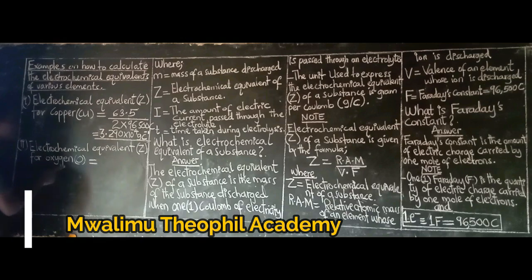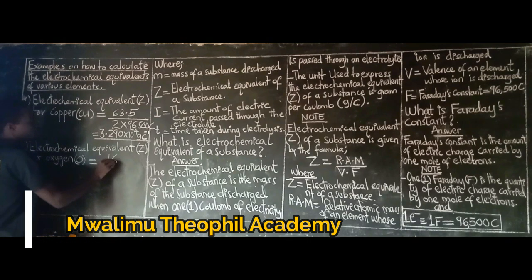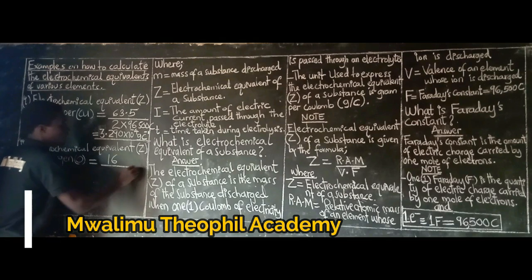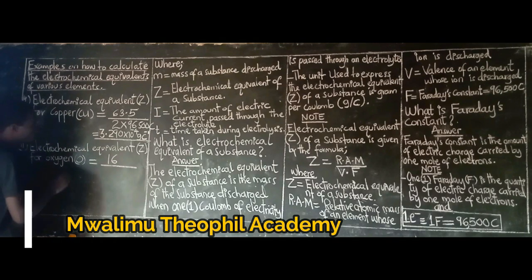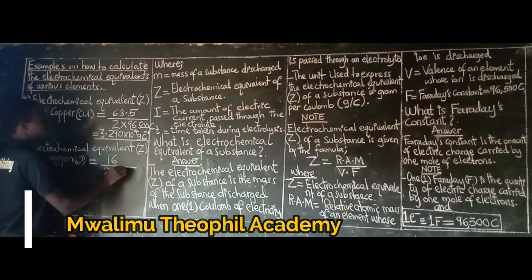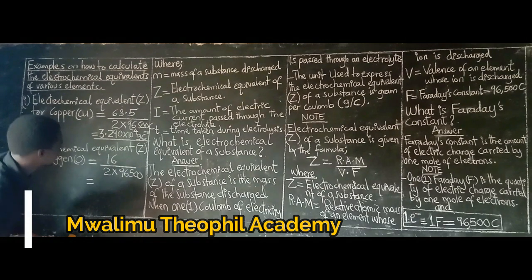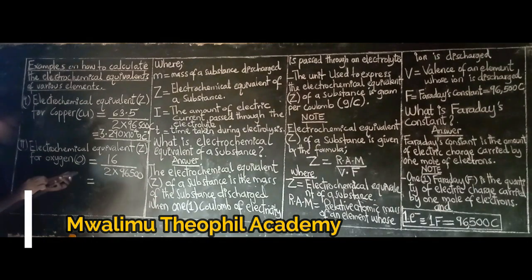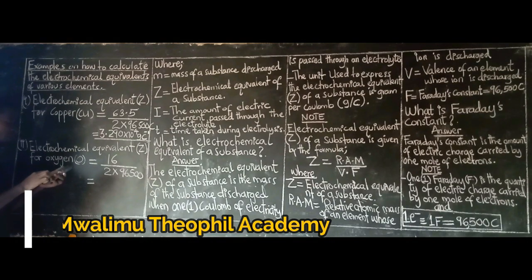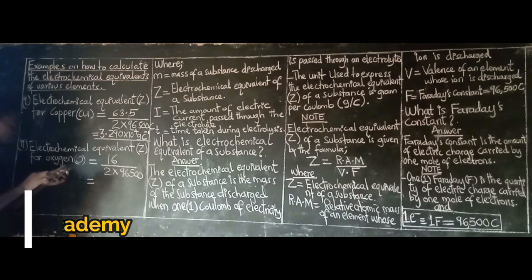For oxygen here, the relative atomic mass of oxygen is 16. So we take 16 over its valence. The valence of oxygen is 2, times Faraday's constant, which is 96,500 coulomb. When we compute in a calculator, we compute 16 over bracket 2 times 96,500.